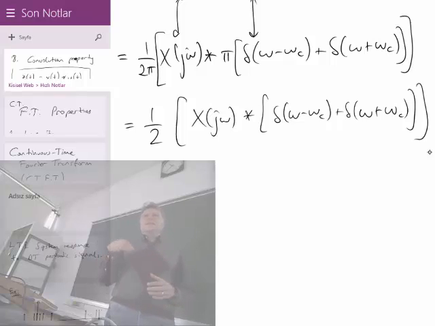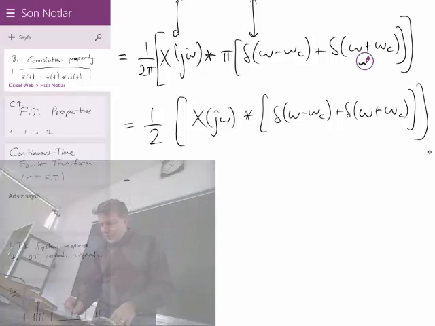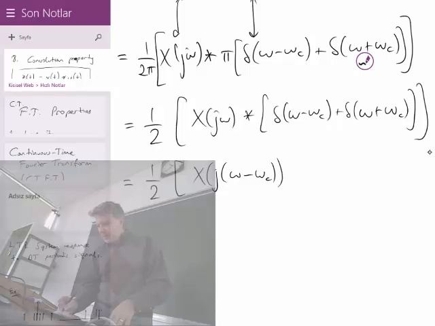Again, let's think of a convolution with an impulse. How do we convolve with an impulse? We just carry our Fourier transform, or our signal, to the position of the impulse. You remember that? We shift our signal by the amount of the position of the impulse. So will you all agree that this convolution would be nothing but X of j(omega minus omega c) plus X of j(omega plus omega c)?